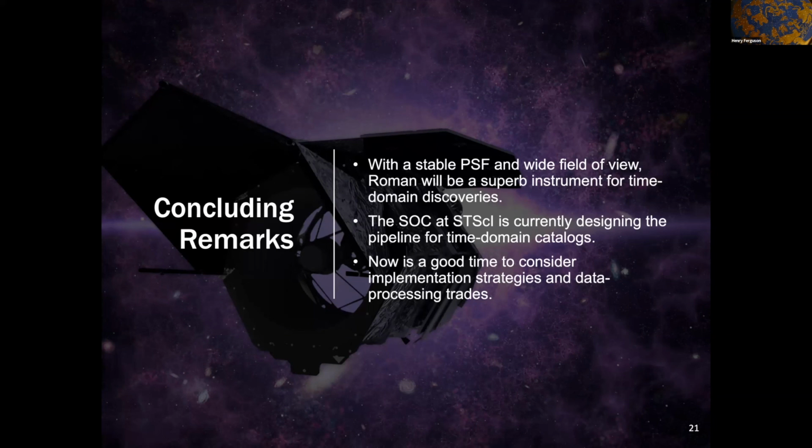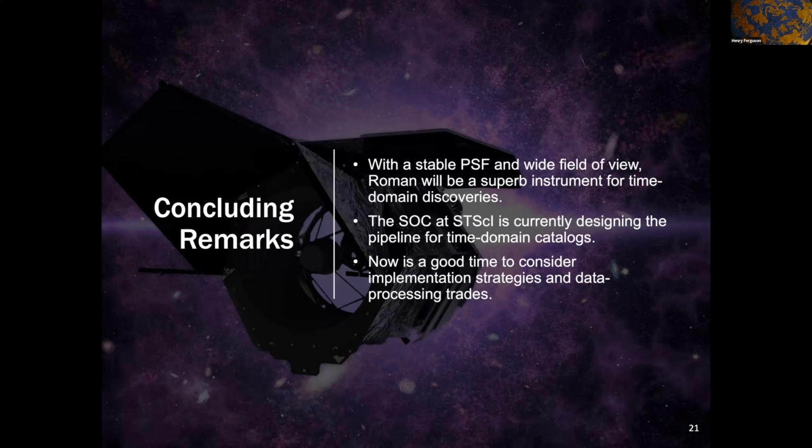I would say our plans are to process that data through the pipeline just like any other data. And so it will get standard data products, but as far as the variability catalogs, it's not entirely obvious yet what that means, in the sense of we haven't decided whether we will do difference imaging sort of on the fly based on whether there have been previous observations of this field.